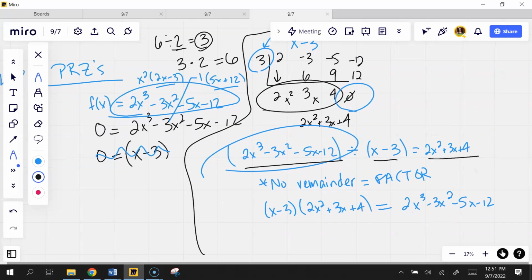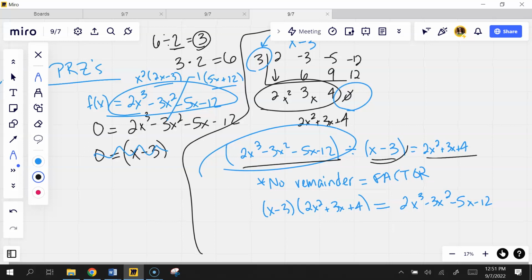Do you then see how I could rewrite and use the two factors multiplied together to give me the original polynomial? I'm literally rewriting, which is all factoring is, rewriting. So I'm finding a way to factor it down, okay?